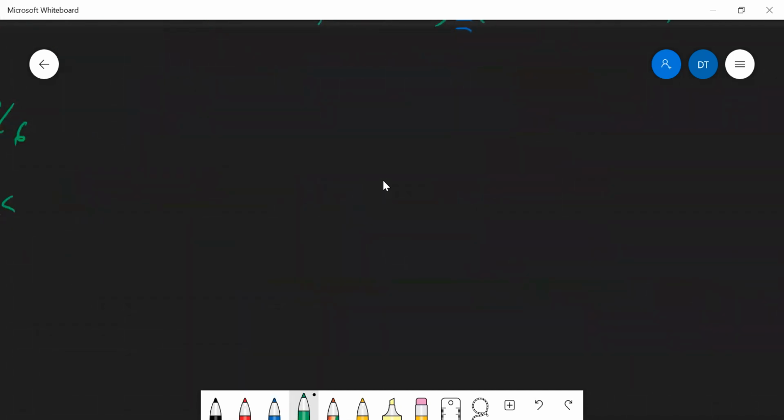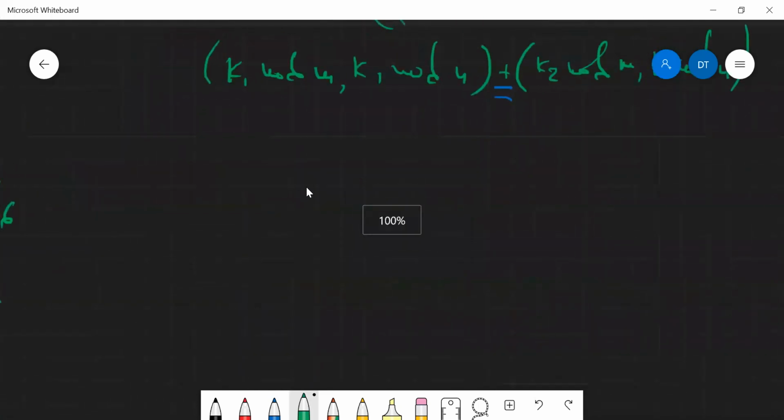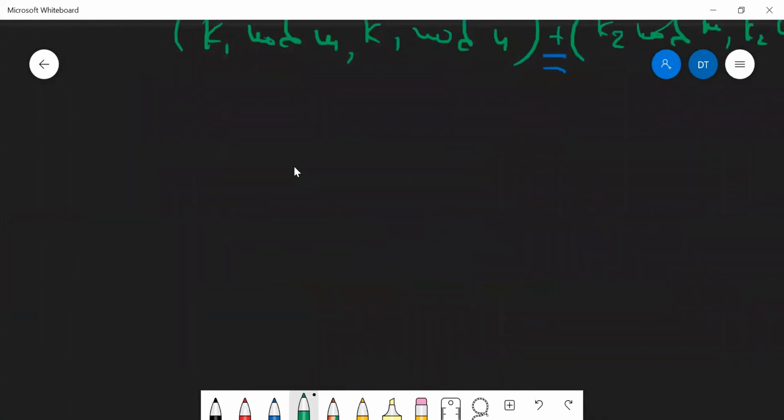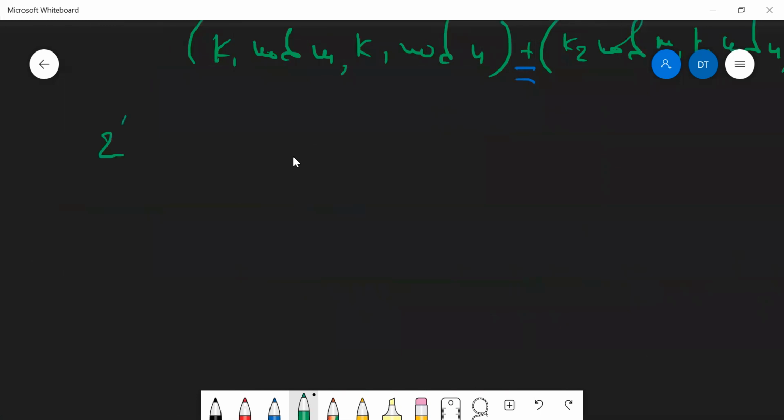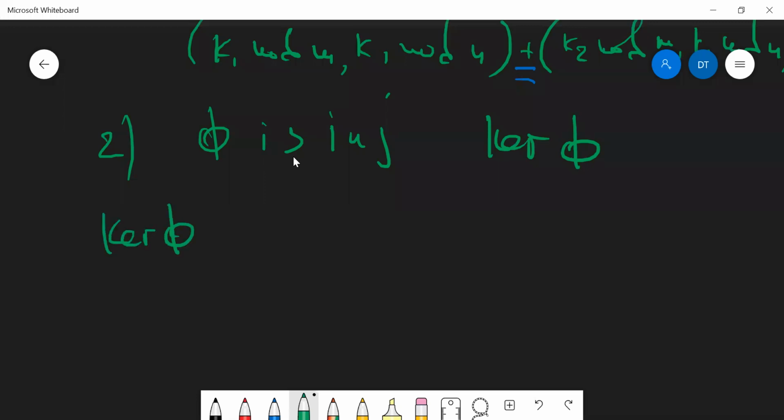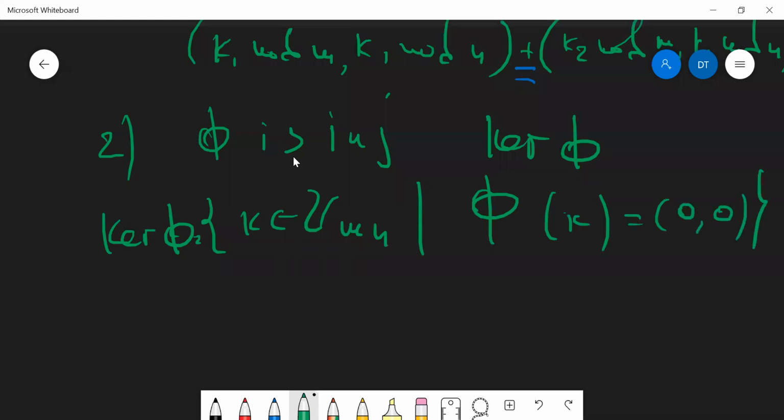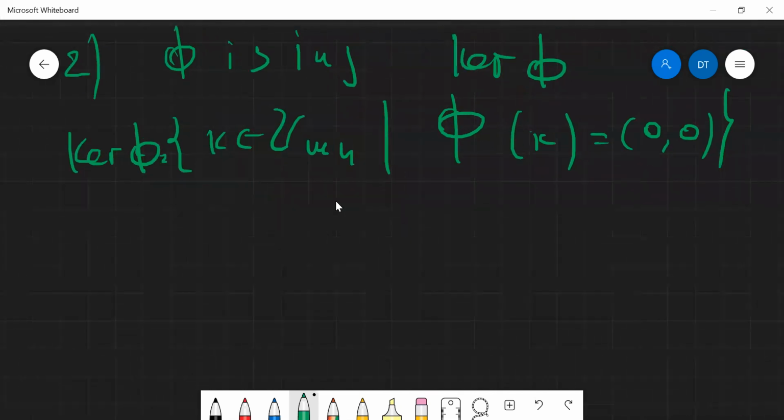Now, I want to show you that this map is injective. The second thing, phi is injective. In order to do that, I want to compute its kernel. What is the kernel by definition? It's the set of all remainders k such that phi of k is equal to (0, 0). But what is phi of k?